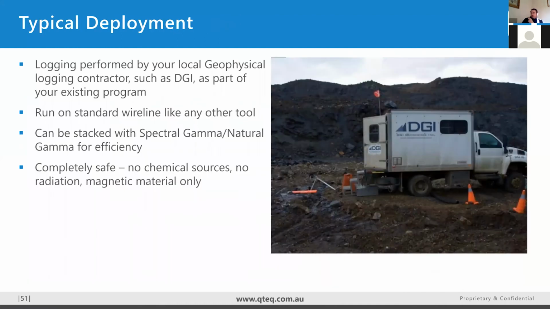To deploy it, it can go on any sort of wireline truck. Your local wireline company can help you out with that, and it's a nice safe tool. It's just a couple of strong magnets, and we don't have to worry about radiation or anything like that.